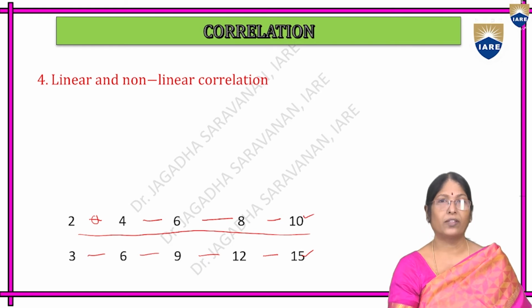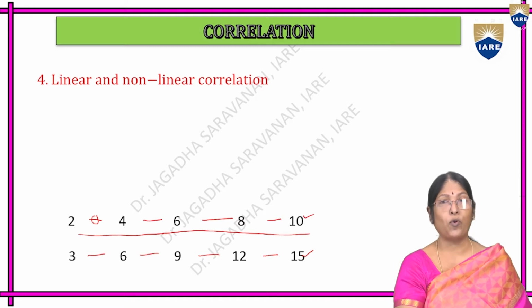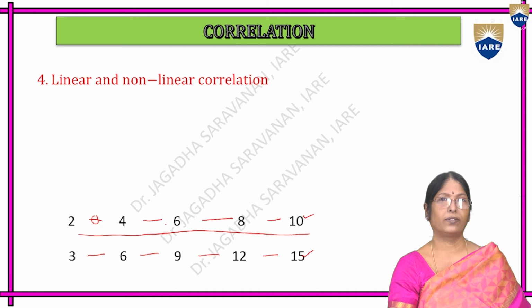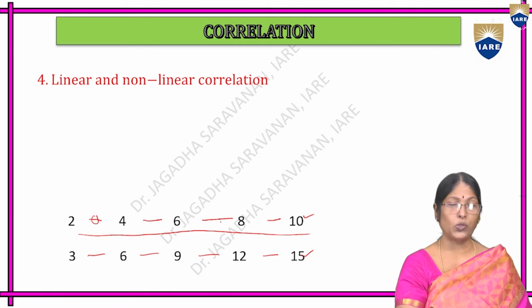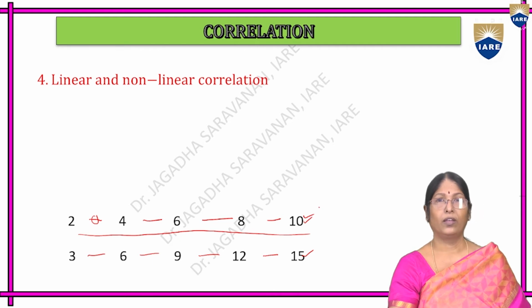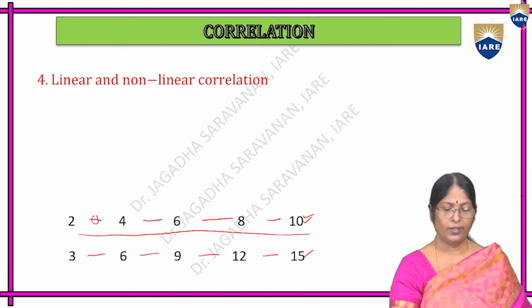So these data which are written here have uniformity, a uniform difference between them. The first data has 2, the second one 3.